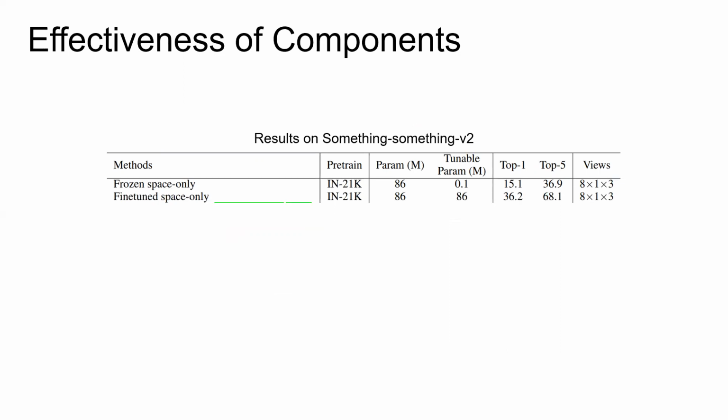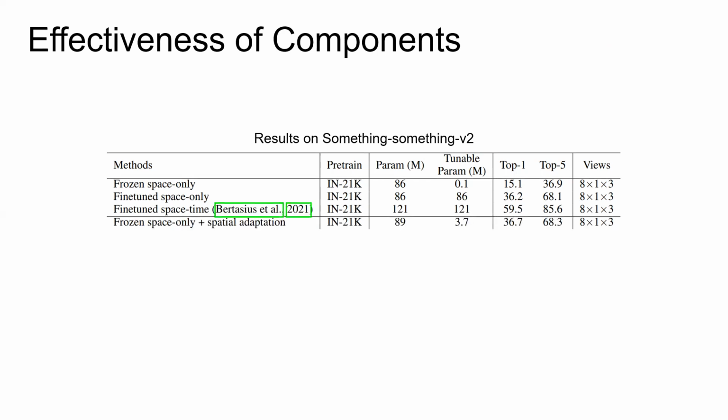And the second baseline is a full fine-tuned image model. Then we can see the performance is increased, but also the tunable parameters are largely increased. And the third baseline is a full fine-tuned video model. And we can see the performance is further improved, but also with a large increase of the model parameters.